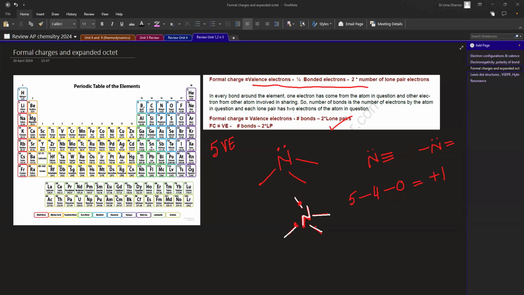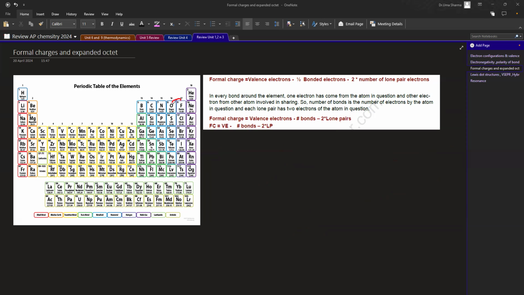Okay, this is about the second period elements. Like fluorine, it cannot have an expanded octet, and it is already with 7 electrons. So how many maximum bonds can fluorine make? 1 only.